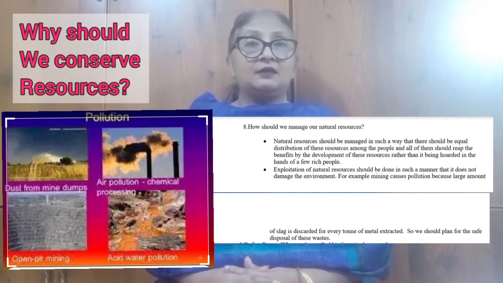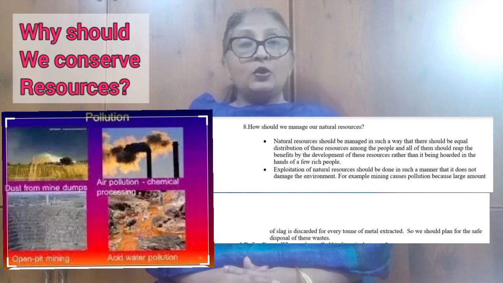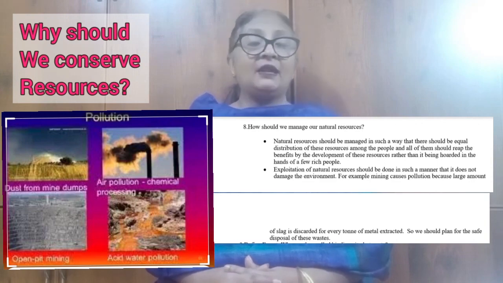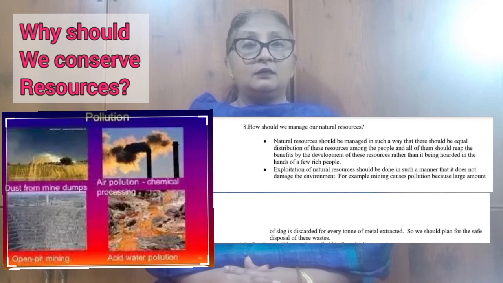Apart from this, when we use or exploit natural resources, it should be in such a way that it does not harm the environment, or pollution should be controlled when we exploit natural resources.